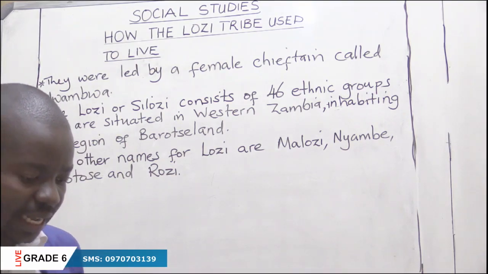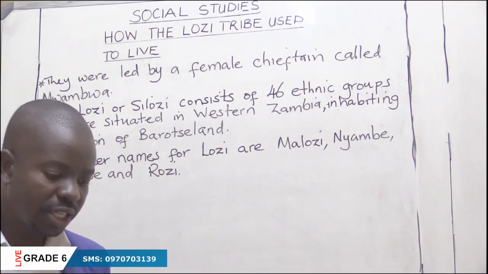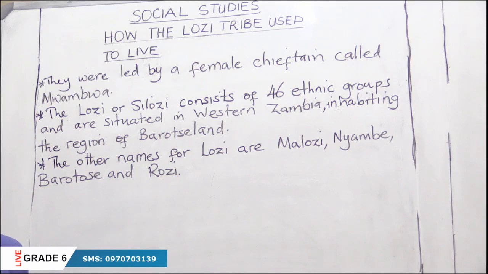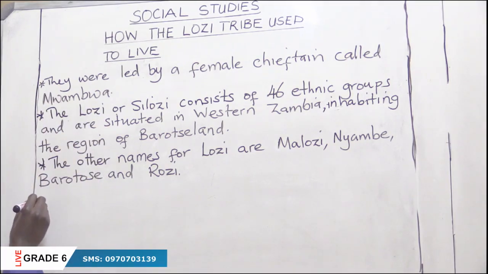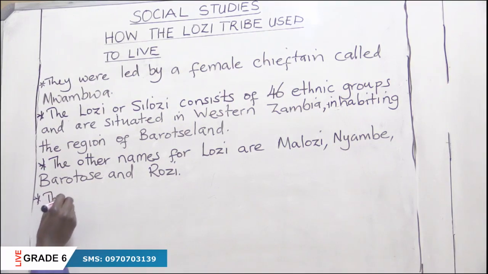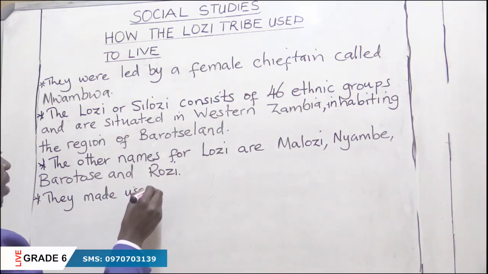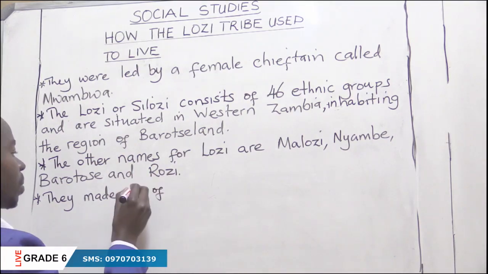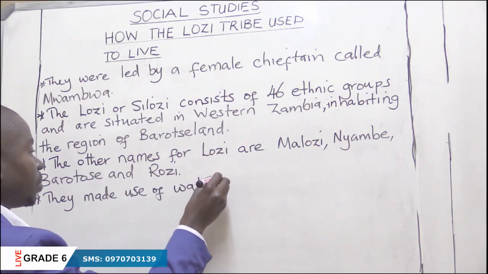They made clever use of changing water levels and different soils and grass conditions to develop an economy of agriculture.